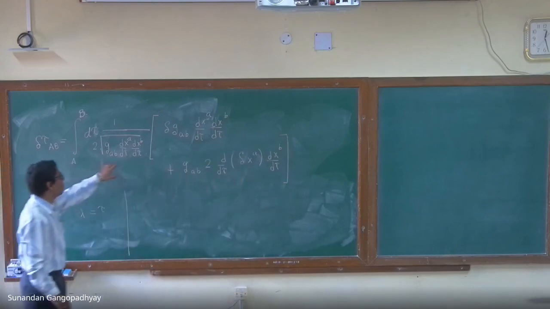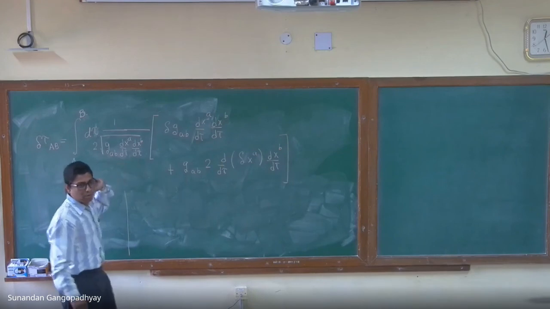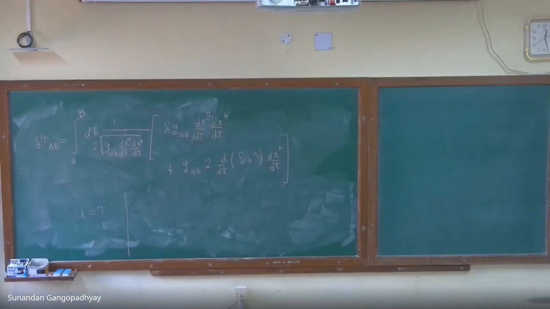Why 2? Because it is symmetric, we will get 2 terms from the variation. So dxa by d lambda, I have written it down this way.